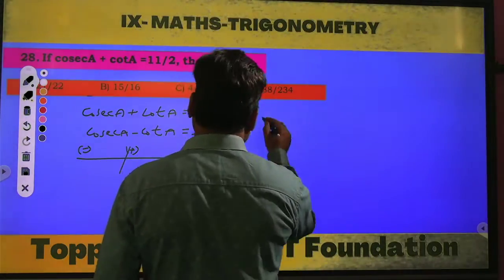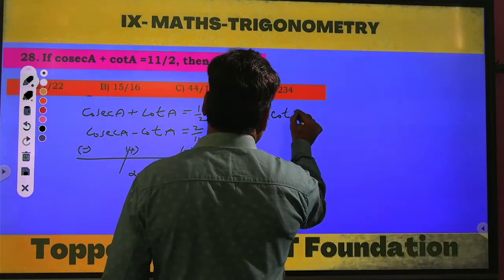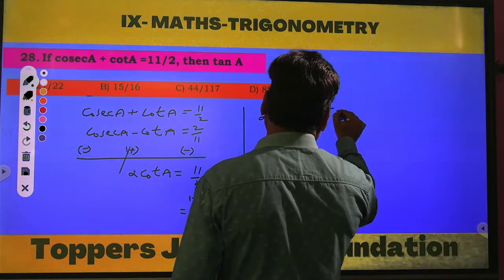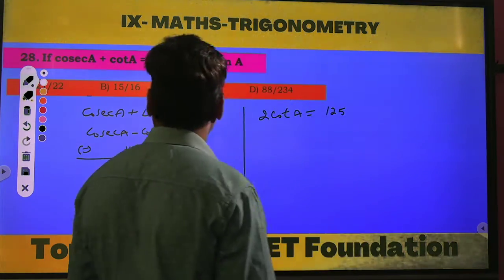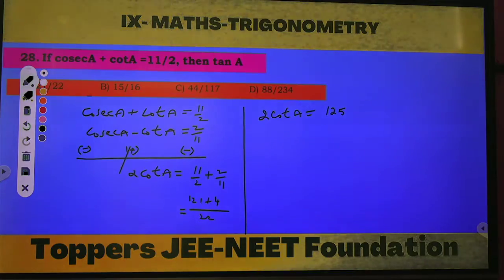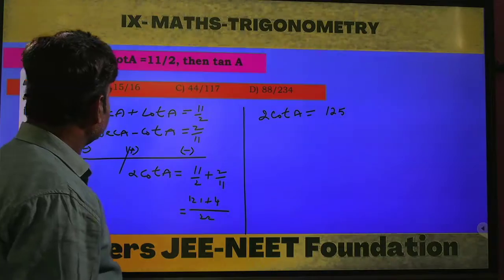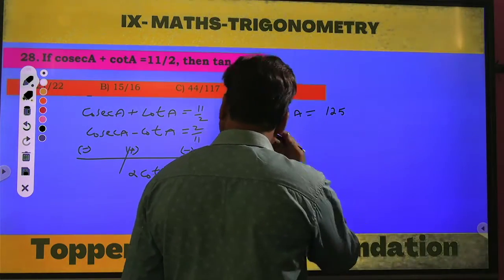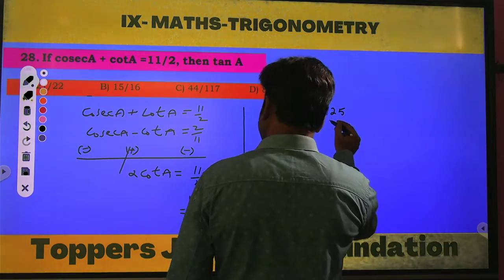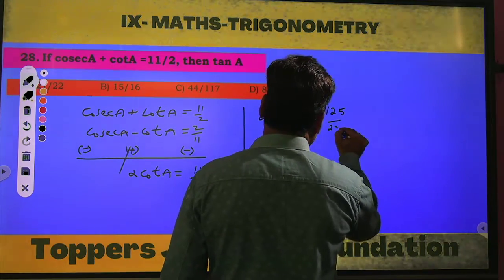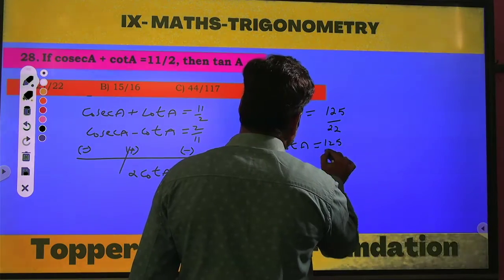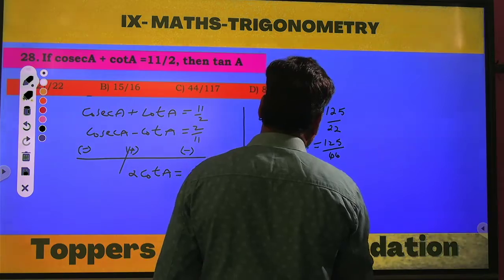Then 2 cot A is equal to 125/22. Then cot A is equal to 125/44.